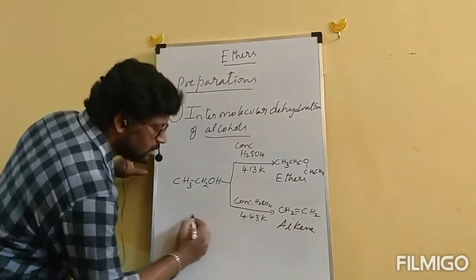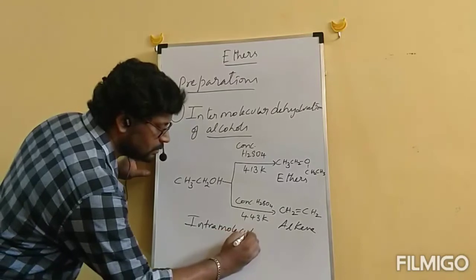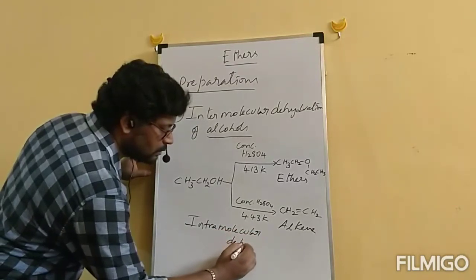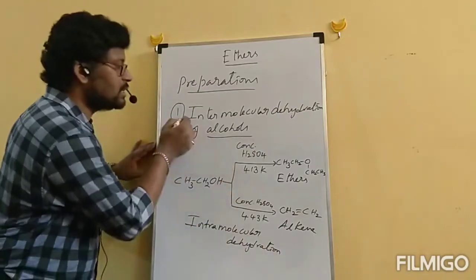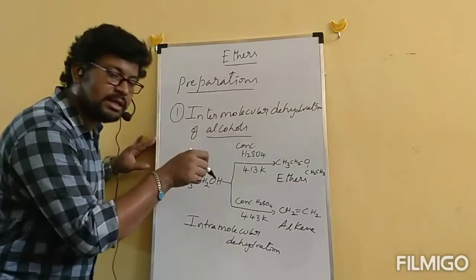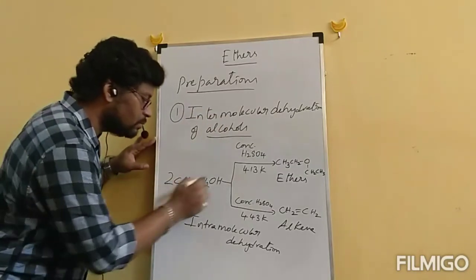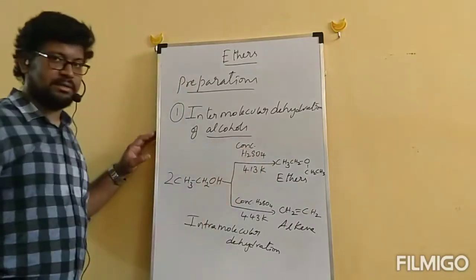This process is called intramolecular dehydration and this process is called intermolecular dehydration. When it is undergoing intermolecular dehydration, 2 moles of alcohol will be involved to be formed as ether.